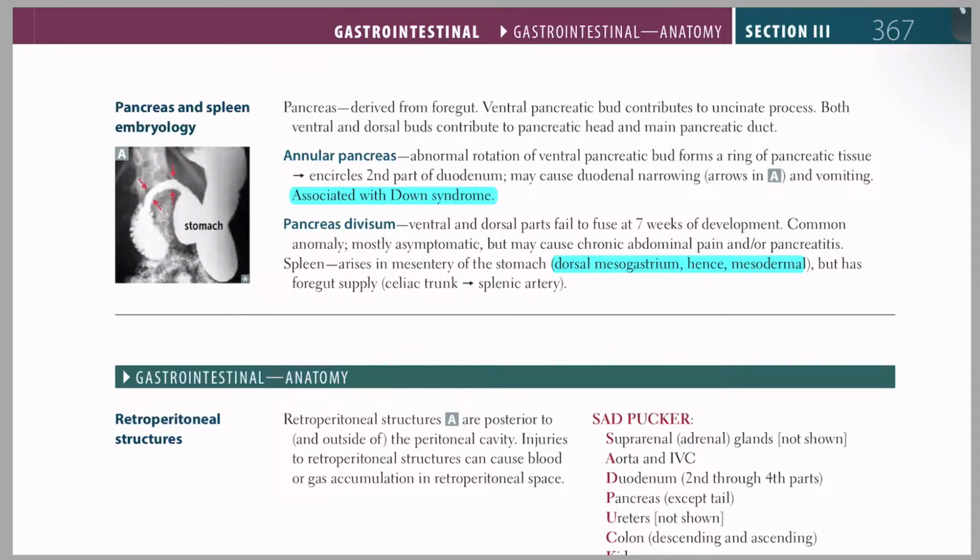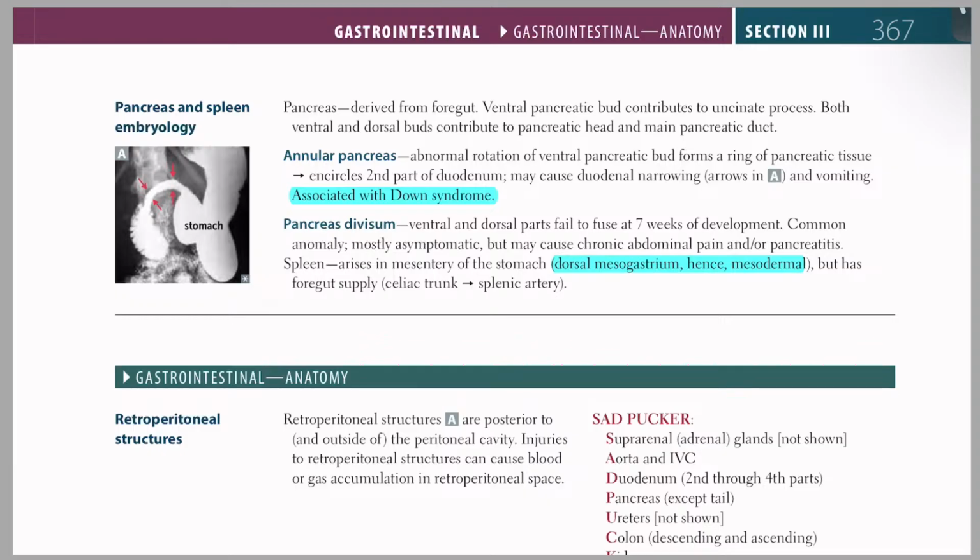Annular pancreas, abnormal rotation of ventral pancreatic bud forms a ring of pancreatic tissue. Encircles second part of duodenum, may cause duodenal narrowing, arrows in A, and vomiting, associated with Down syndrome.